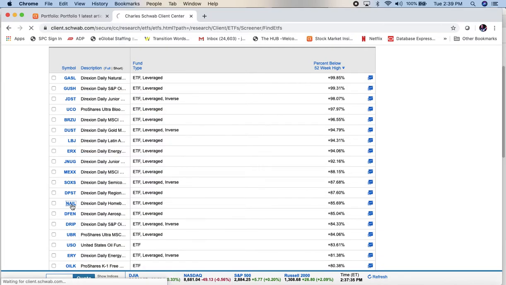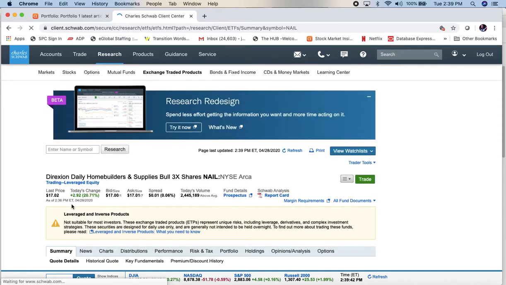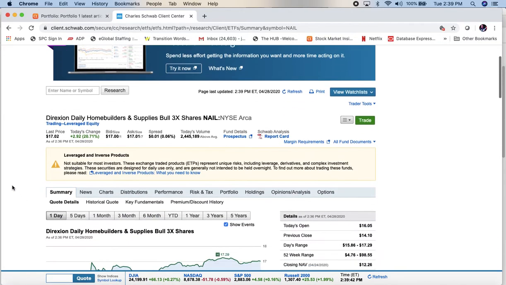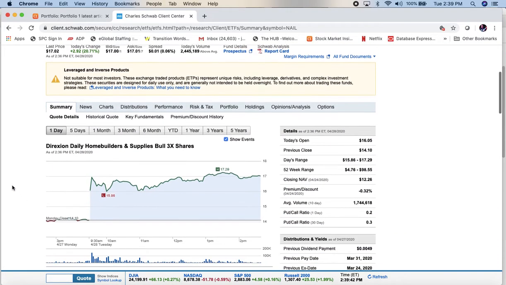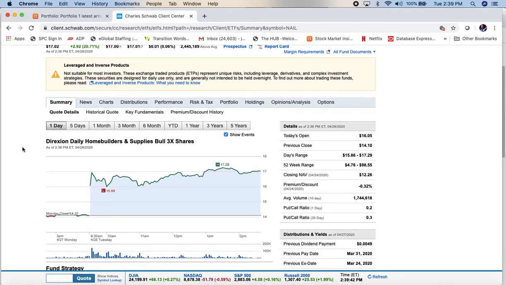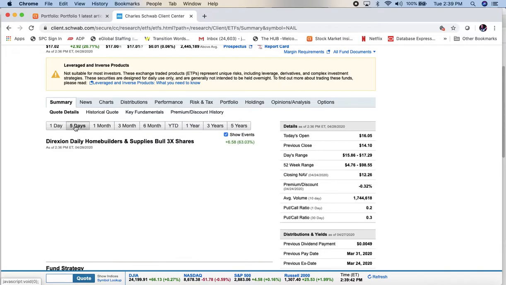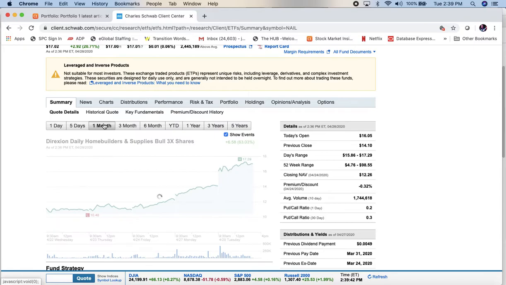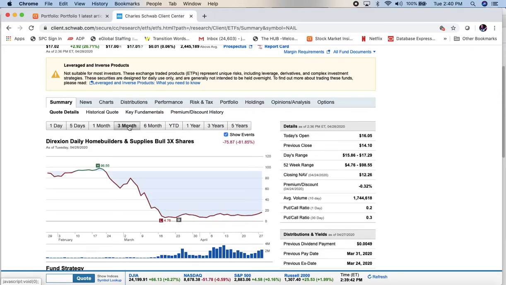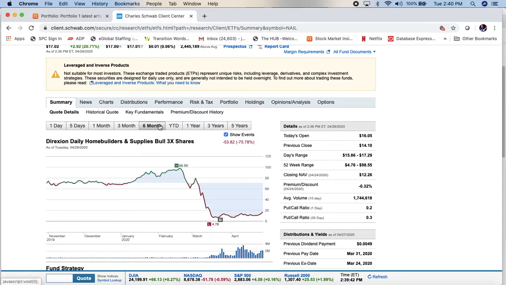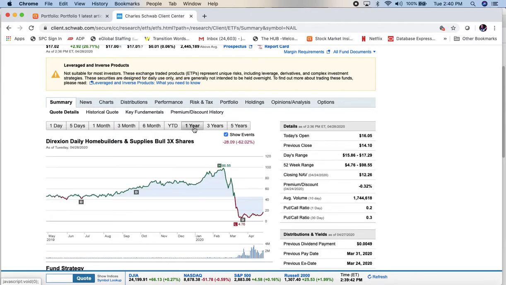But all right, if I click on that, it brings me to their screen, and you'll notice that this is on a 1-day view. In other words, this chart is just for today. If I click here, it's a 5-day, a 1 month, a 3 month, and a 6 month. One of the things I like to use is between the 6 month and the 1 year.